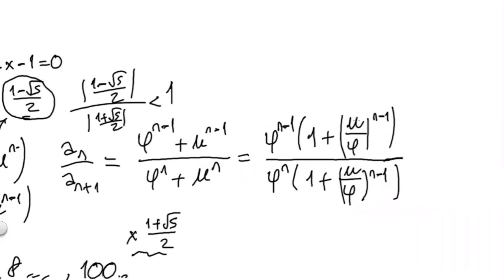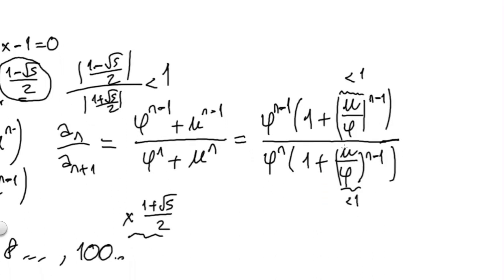So therefore this parenthesis, its absolute value, is less than 1. It's also true for itself because it's negative, but we can say its absolute value.